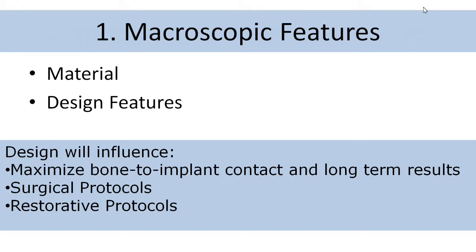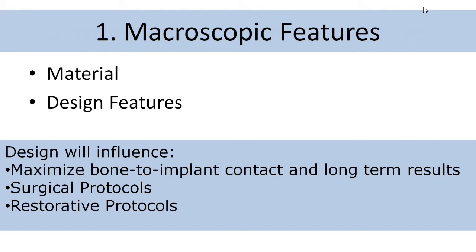So the more threads you have on the implant, or the deeper the threads on the implant, obviously the greater the surface area available for osseointegration. Now, some implant designs have very few threads, while others have quite a few threads. And obviously the ones with the maximum threads will present more surface area for bone attachment.